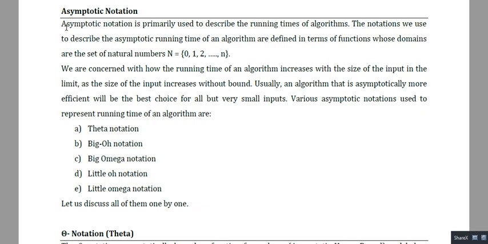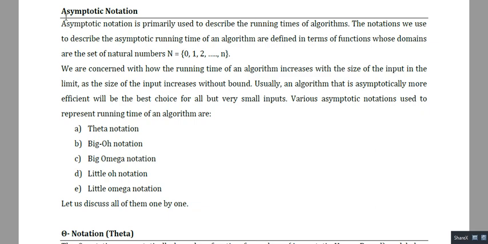Now one thing you also remember, in the last class I mentioned there are three different running times we can find for a given algorithm. First one I told you, the best case running time, second one is the worst case running time, and the third one is the average case running time.